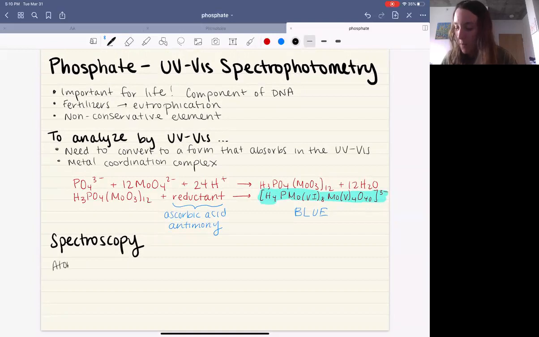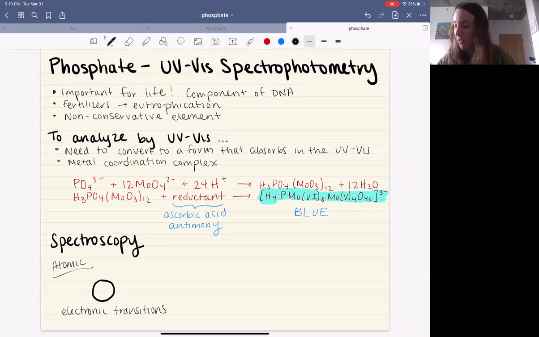Okay, so atomic means we have just an atom like this, and an atom is able to undergo electronic transitions. Right, we can excite an electron, but since it's a sphere, we can't undergo any vibrations. There's nothing to vibrate, and you can't rotate something that's a sphere because it's just still a sphere.